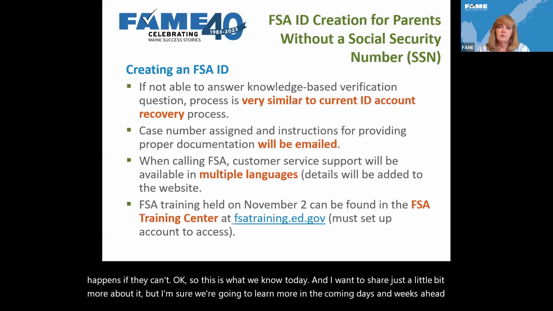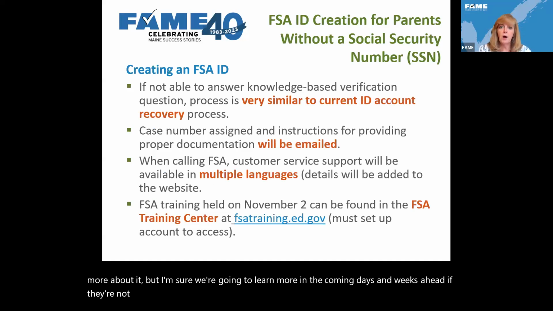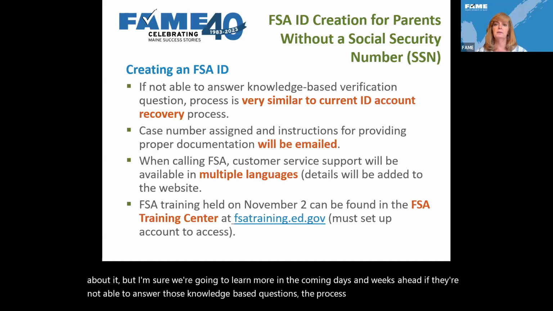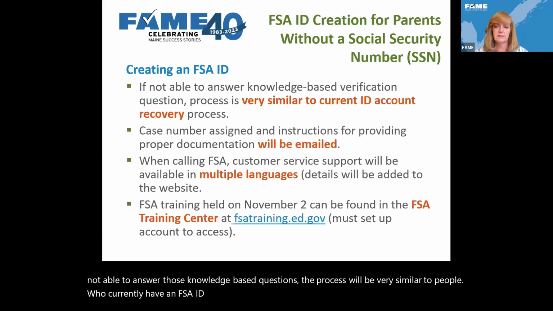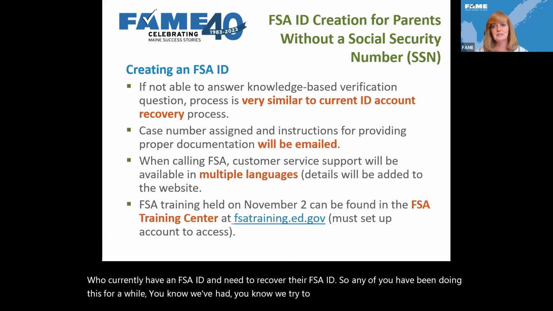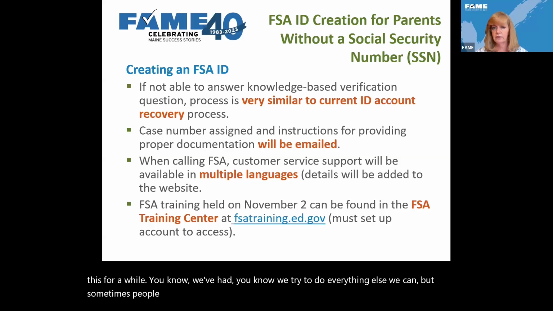If they're not able to answer those knowledge-based questions, the process will be very similar to people who currently have an FSA ID and need to recover their FSA ID. So any of you who've been doing this for a while, we try to do everything else we can, but sometimes people ultimately just have to call Federal Student Aid. Again, the process is the same.